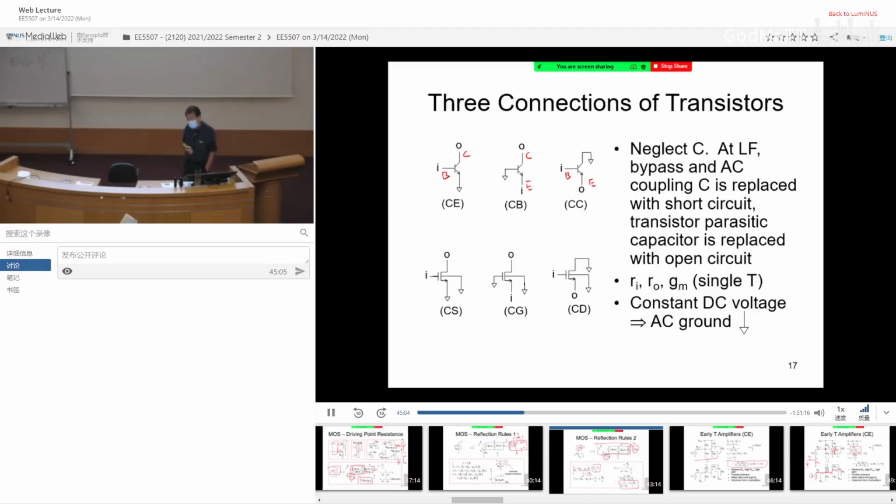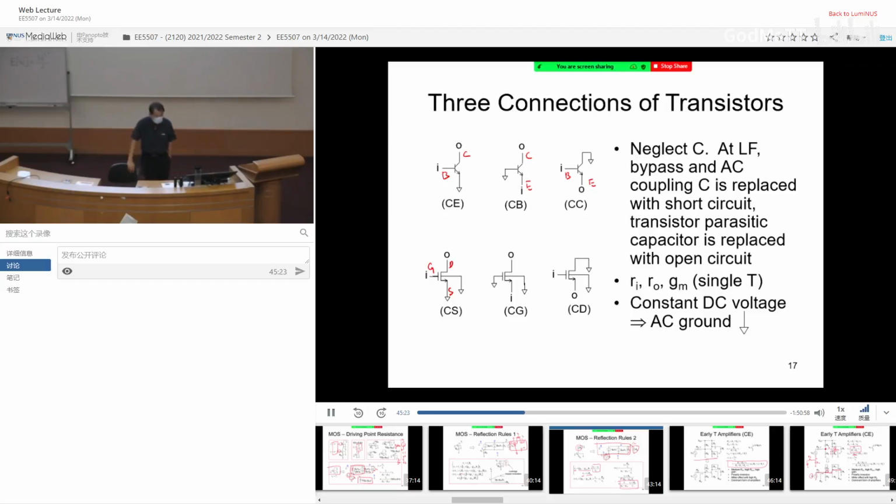So 3 different types. For the MOSFET, same thing: gate, source, drain. So it depends on where the input goes in, where the output comes out from. So there are 3 different connections, and based on these 3 different connections, you can give it a name.